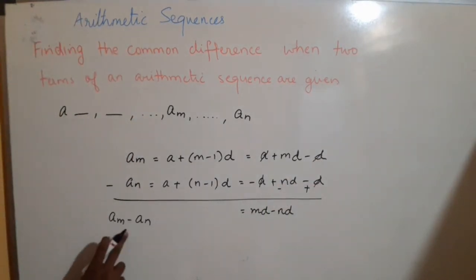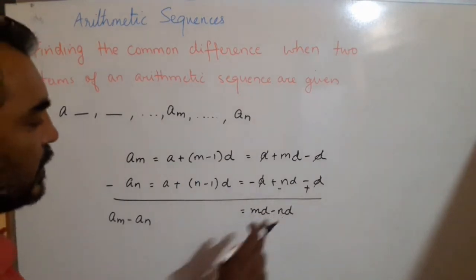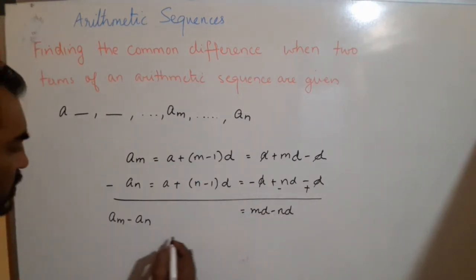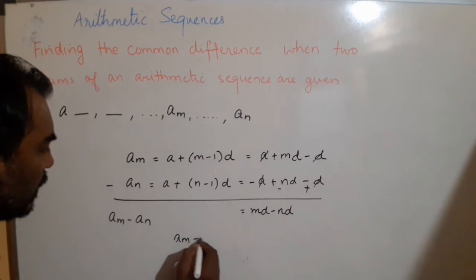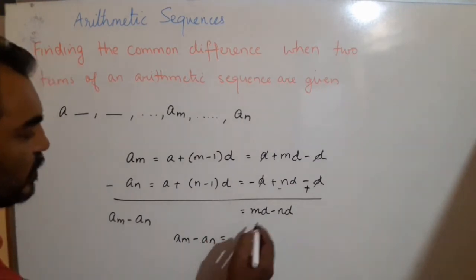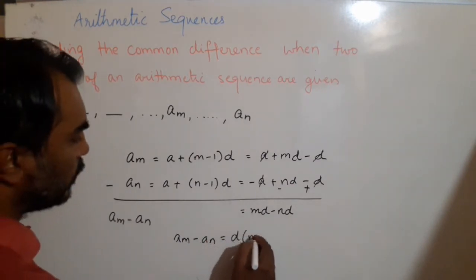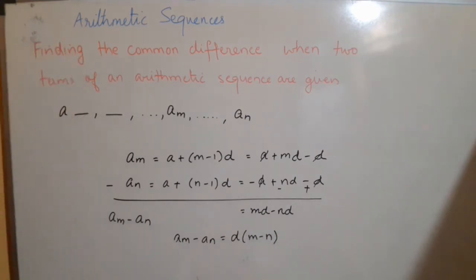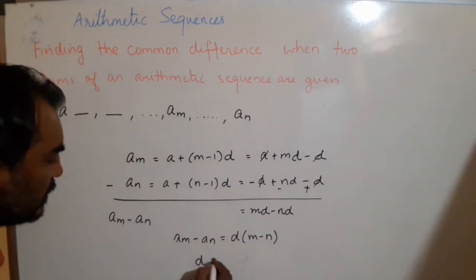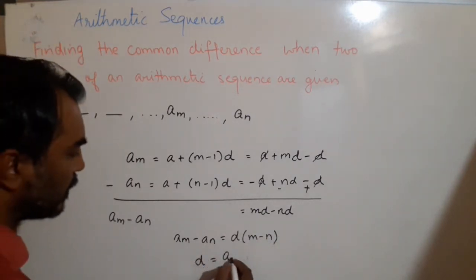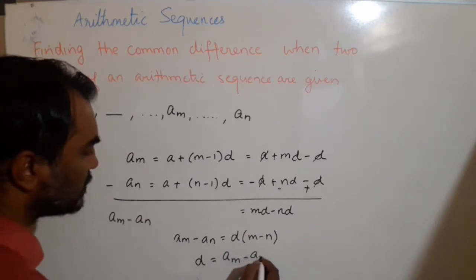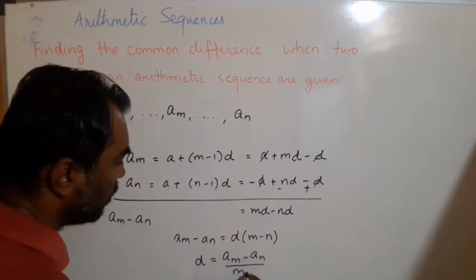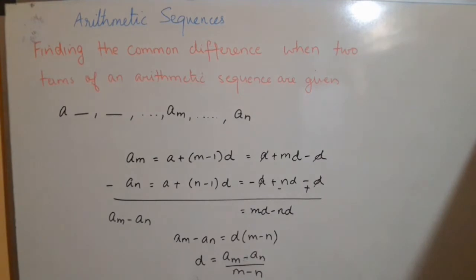So we are left with am minus an and md minus nd. This further simplifies to am minus an, we take out the d common and we get m minus n. So the common difference d is directly found out by writing am minus an upon m minus n.